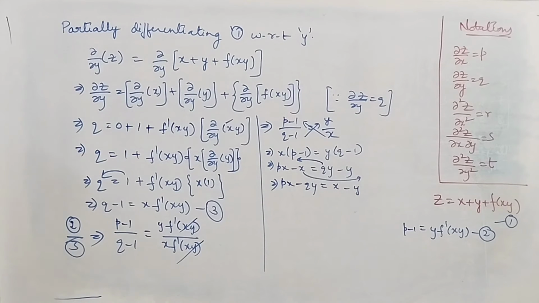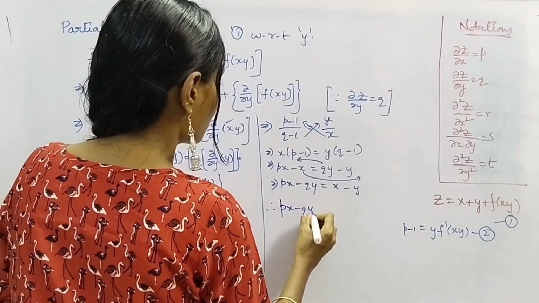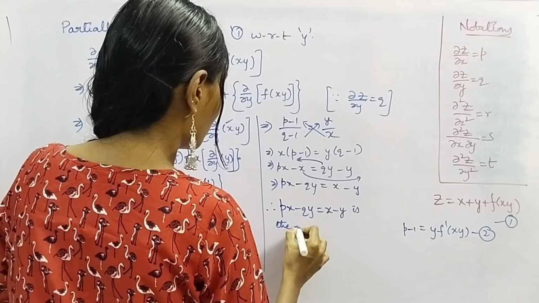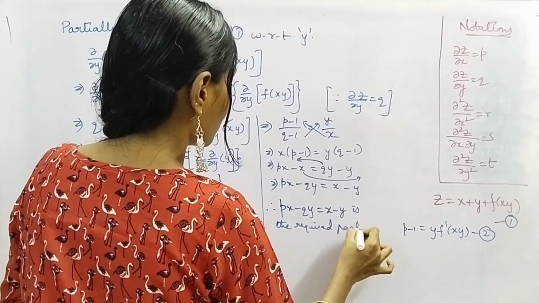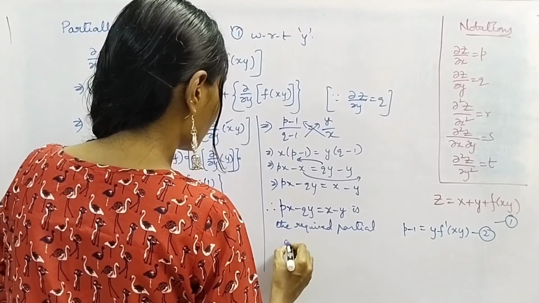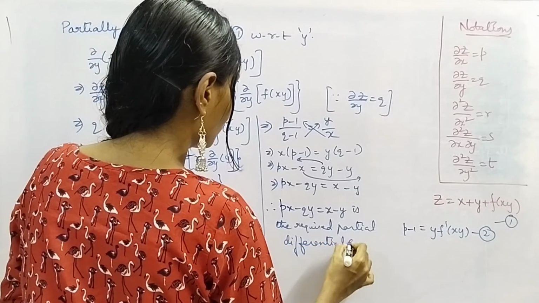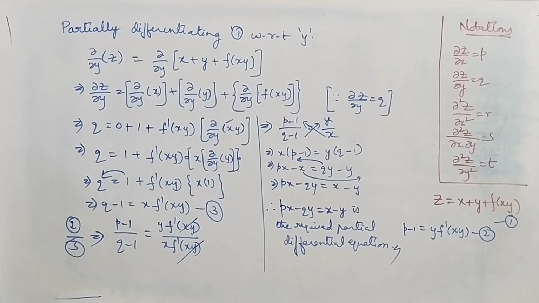Therefore, px minus qy equal to x minus y is the required partial differential equation, which completes the problem.